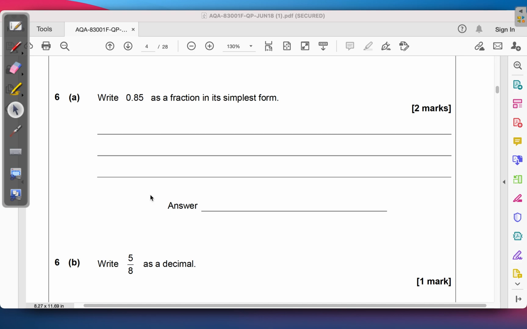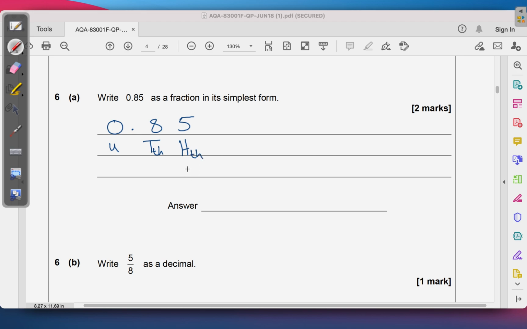Write 0.85 as a fraction in its simplest form. Now the best way to think about this is, you write out the number like this, 0.85, and then you identify the place value of each digit. So this is the units column, this is the tenths column, this is the hundredths column.